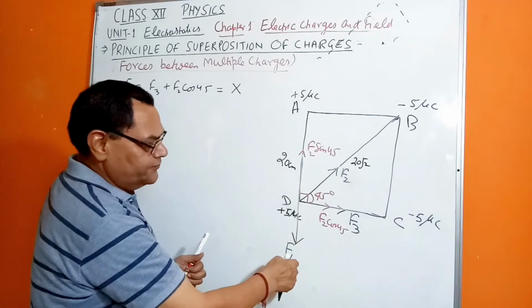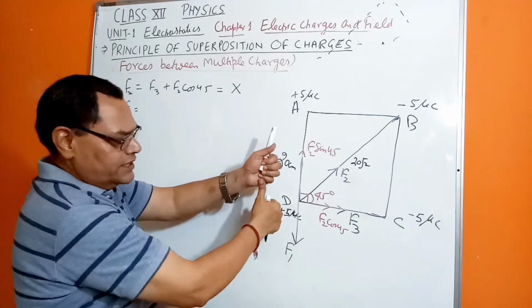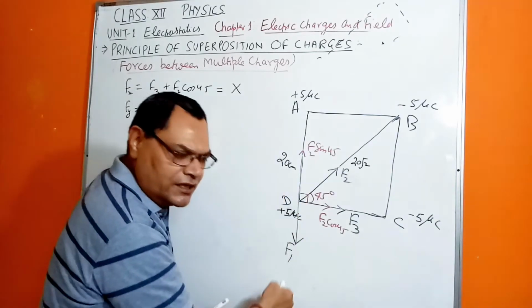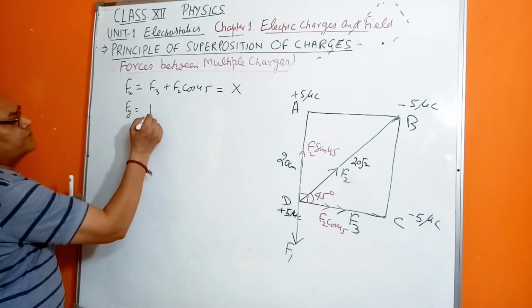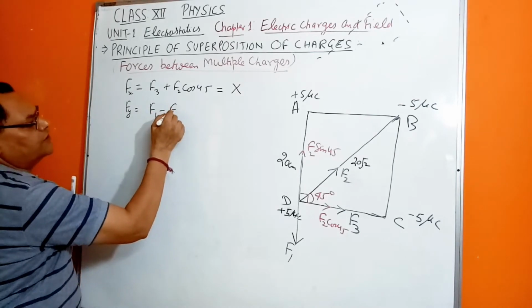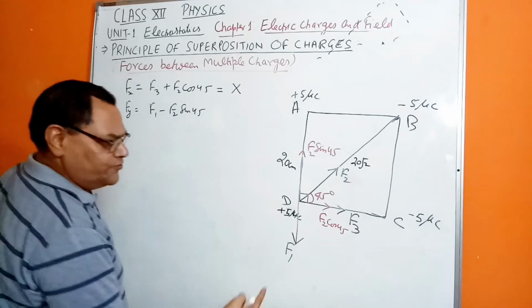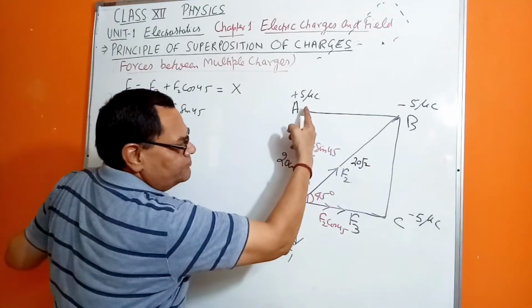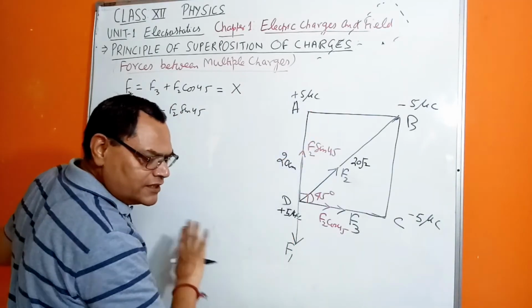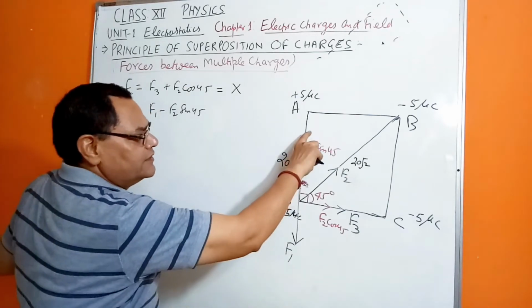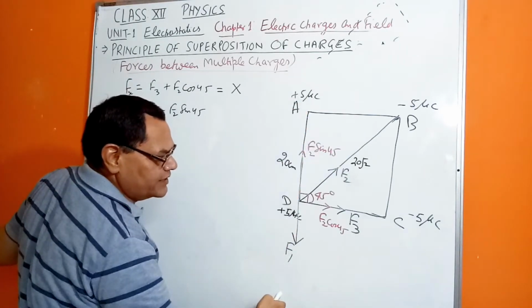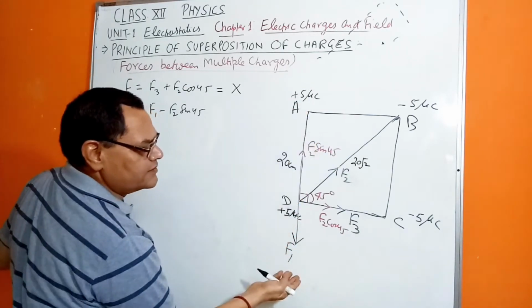If F1 is greater than this, the resultant will be in the direction of the greater force. So this will be F1 minus F2 sine 45. And by chance if you find F2 sine 45 is greater than this, no problem, then the resultant force along the y-axis will be this minus this.